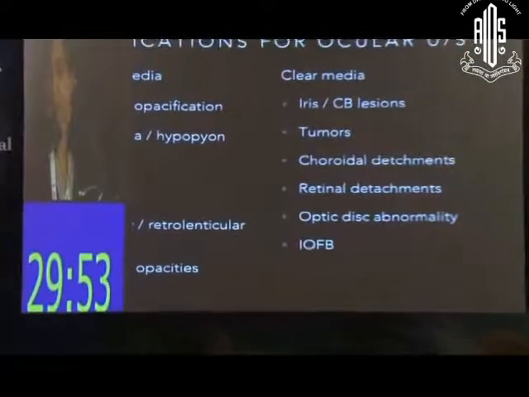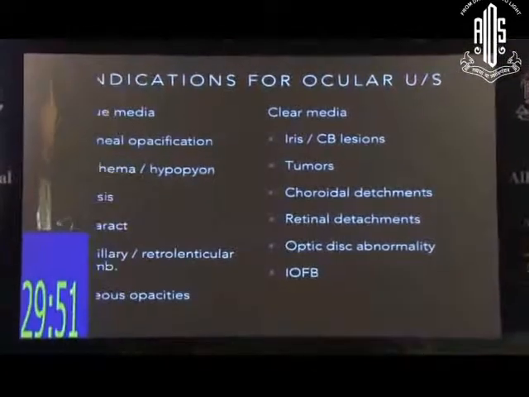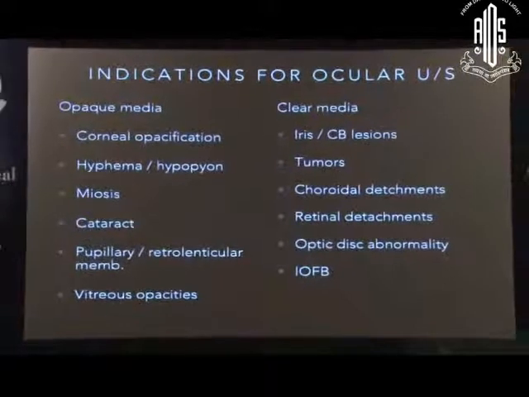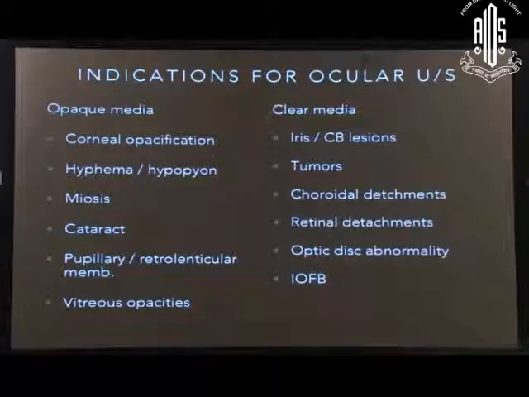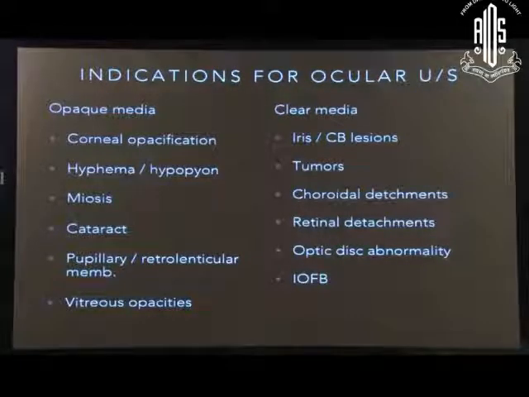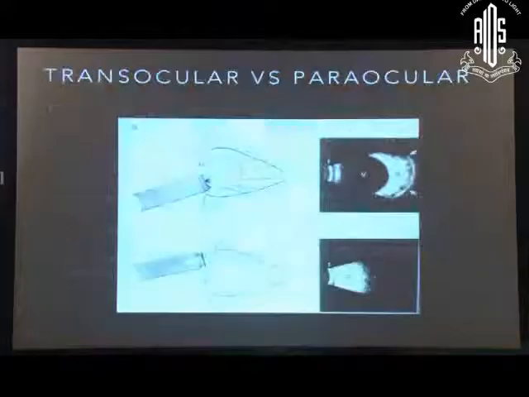The indications for ocular ultrasound are... Ophthalmic ultrasound is done either in opaque media or clear media. In case of opaque media, it's usually diagnostic, whereas in clear media, you sometimes want to quantitate your findings.